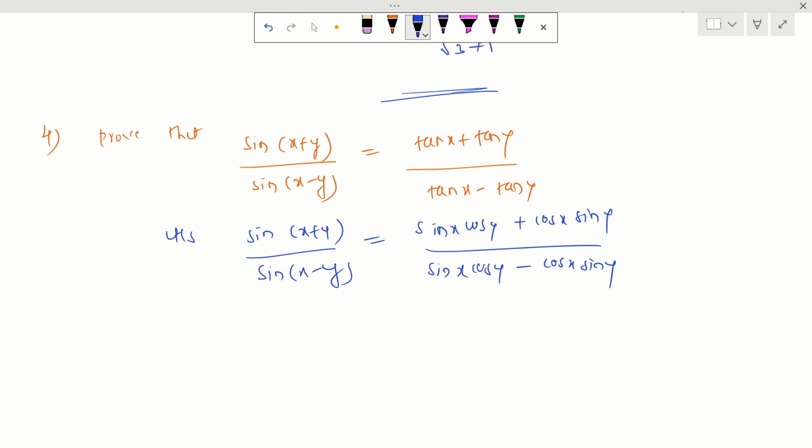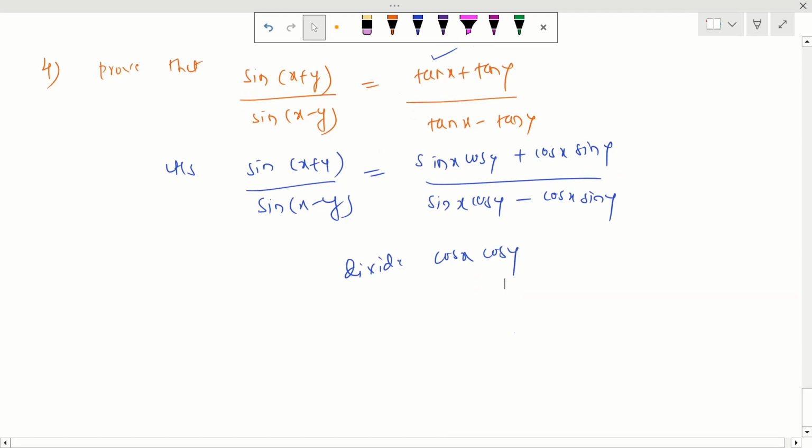Now tan x has to come, so we divide the numerator and denominator by cos x cos y. Cos x means tan x will come, and cos y will get cancelled.